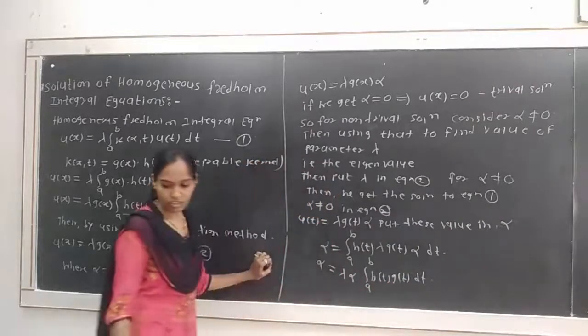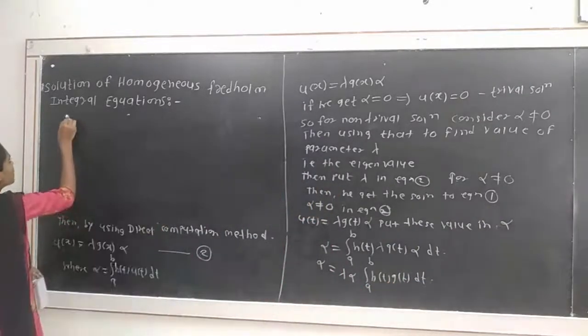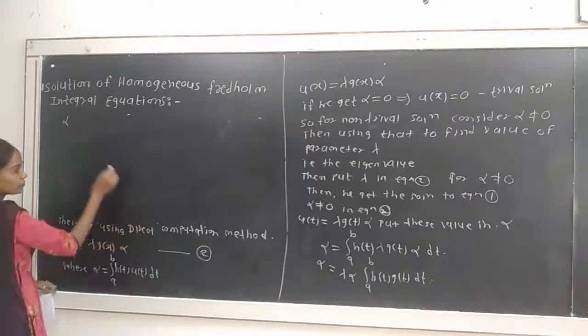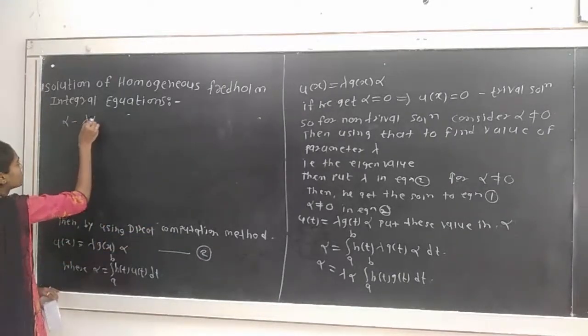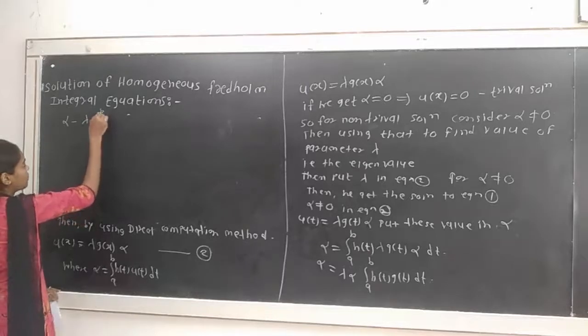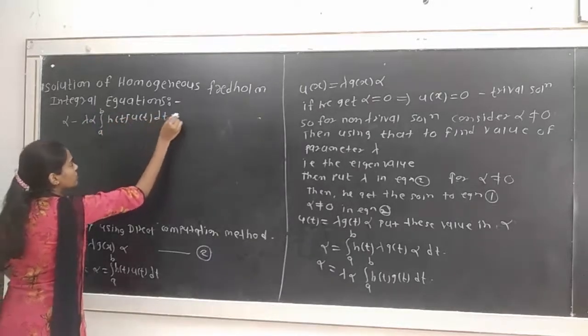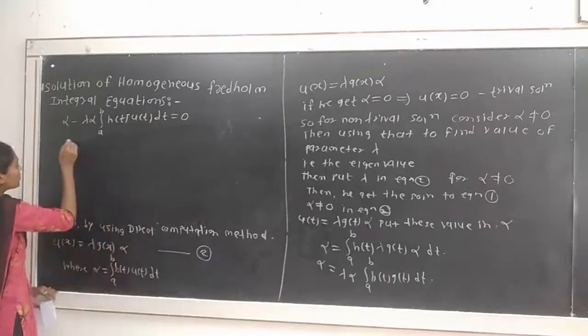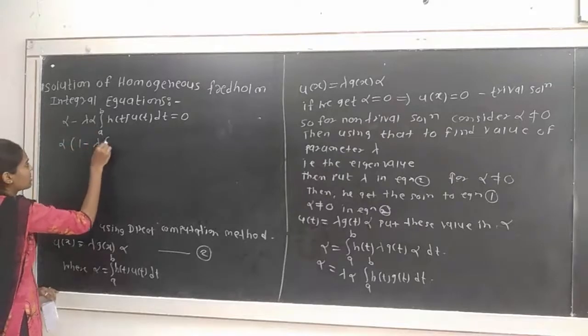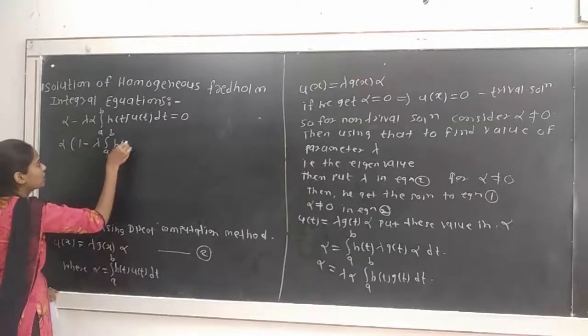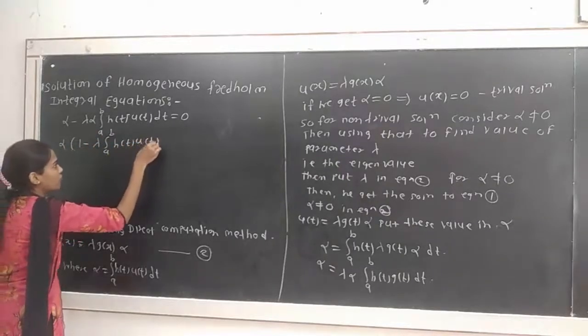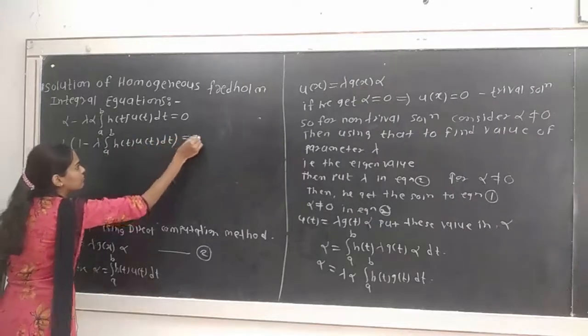Then we shift all these terms, so we get alpha minus lambda alpha integration from a to b h of t g of t dt is equal to 0. By taking alpha outside, inside the bracket remaining 1 minus lambda integration from a to b h of t g of t dt is equal to 0.